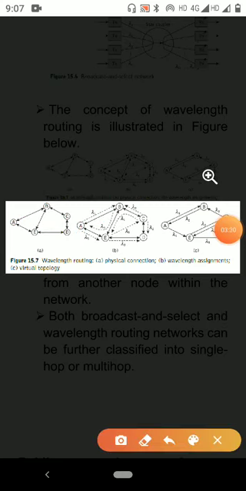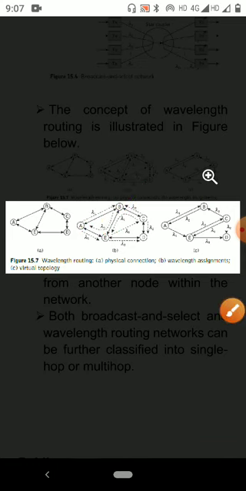For example, node A can transmit to node B using wavelength lambda 1, and it can simultaneously receive from node B using wavelength lambda 2, only when the signal is routed through node E.